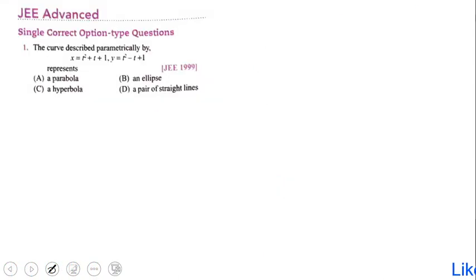Now dear students, we will solve single correct option JEE Advanced questions. So the curve described parametrically. I told you, x and y, if a third variable is defined, then it is called a parametric equation. So in this we have two equations.